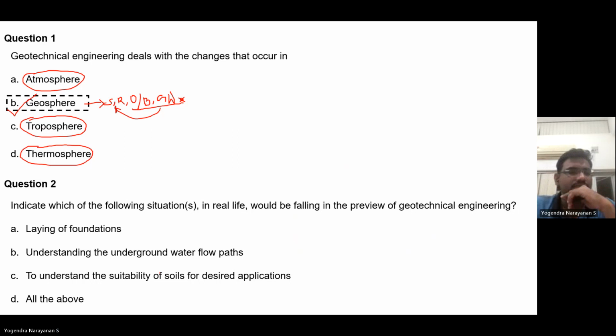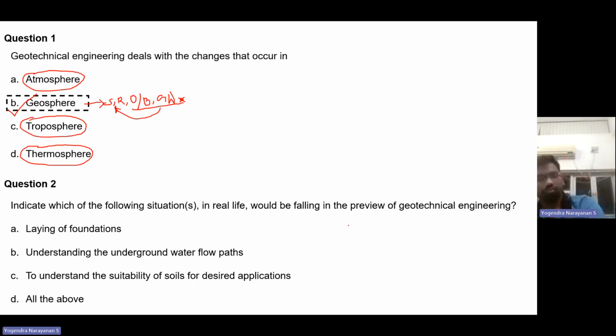So coming to the first option, laying of foundations, the purview of geotechnical engineering. Obviously, laying of foundations is one of the primary purposes of studying soil mechanics, and that is geotechnical engineering.